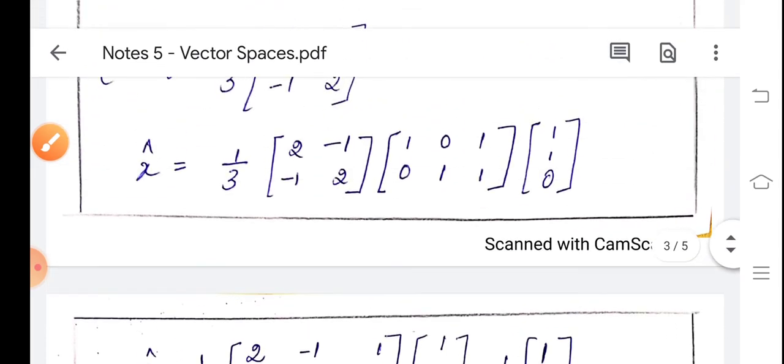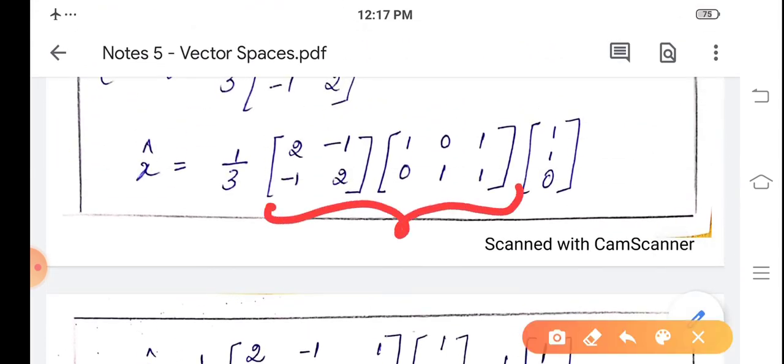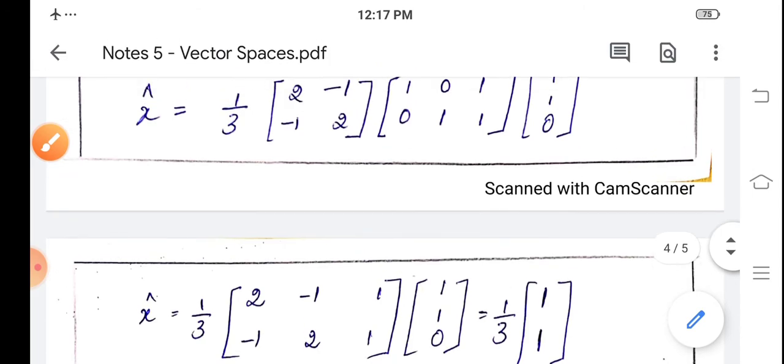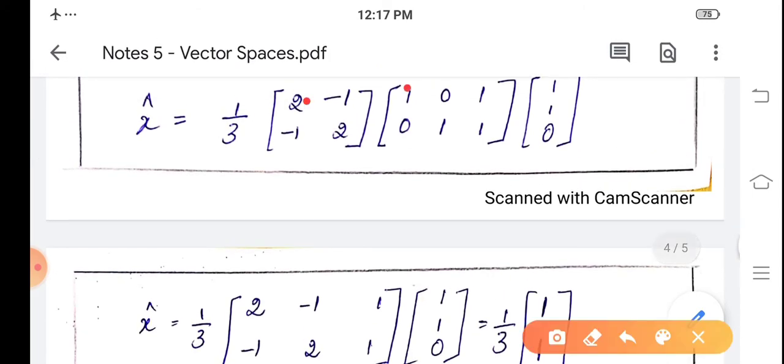So, when we simplify this, here we multiply these two matrices first. Then we are getting 1 by 3 into 2 into 1 minus 1 into 0, that is 2. Next 2 into 0 minus 1 into 1, that gives minus 1. And 2 into 1 minus 1 into 1, that is 1. Similarly, we write the second row, minus 1 into 1 plus 2 into 0, that is minus 1. And minus 1 into 0 plus 2 into 1, that is 2.